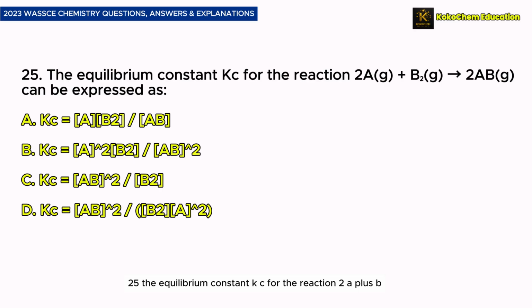25. The equilibrium constant Kc for the reaction 2A plus B2 going into 2AB can be expressed as A. Kc equals the concentration of A times the concentration of B2 divided by concentration of AB.